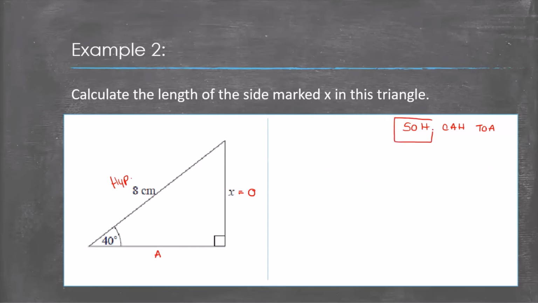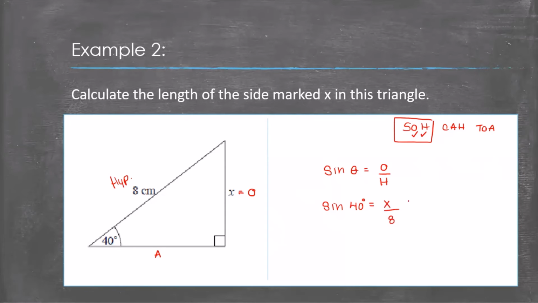The sine ratio has opposite, uses hypotenuse, and we already know our angle, so we're going to use the sine ratio. So the sine of an angle is equal to opposite over hypotenuse. Putting the information into our question, sine of 40 is equal to x over 8.